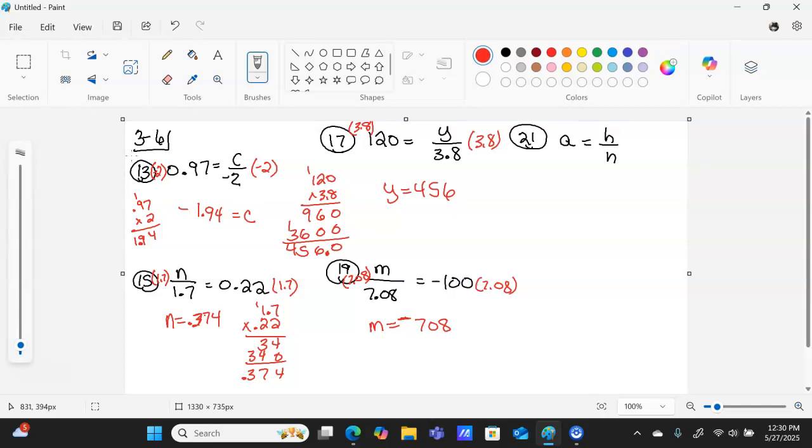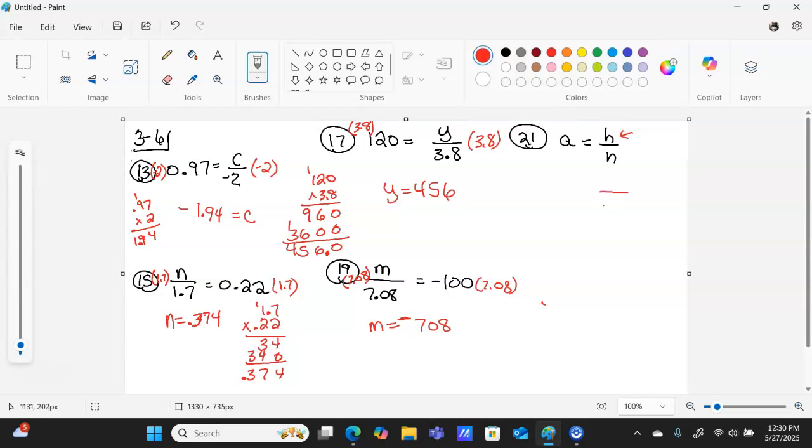And then in number 21, it tells me that during the 1954 baseball season, the New York Yankees, Yogi Berra, was at bat 584 times and had a batting average of .307. Using the batting average formula in example 4, find the number of hits that he made, which is this H in the formula right here.